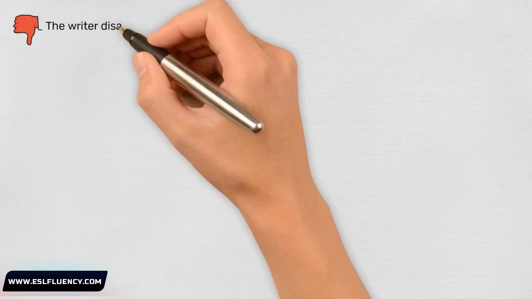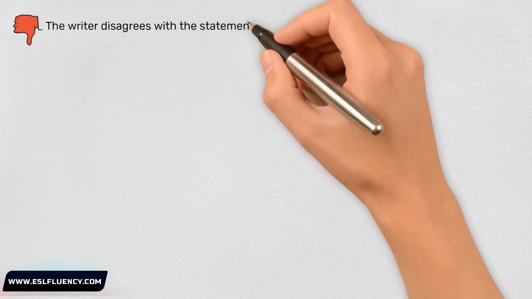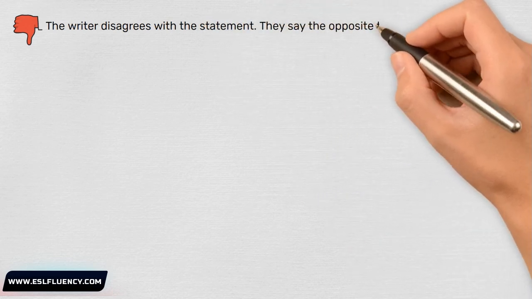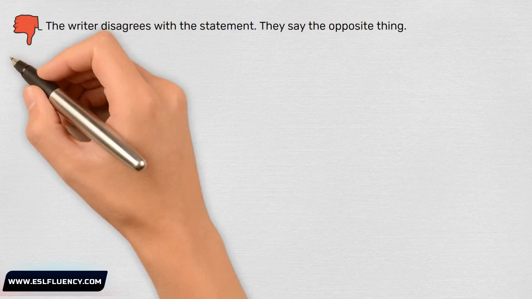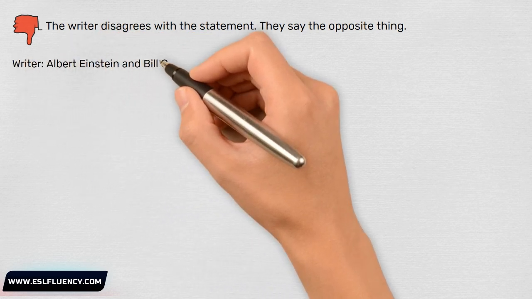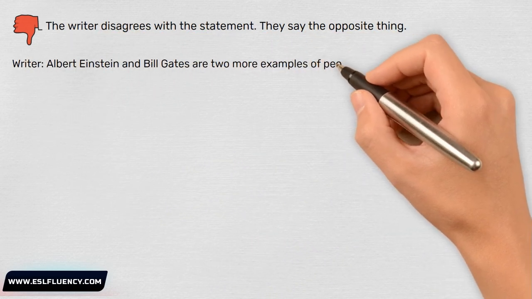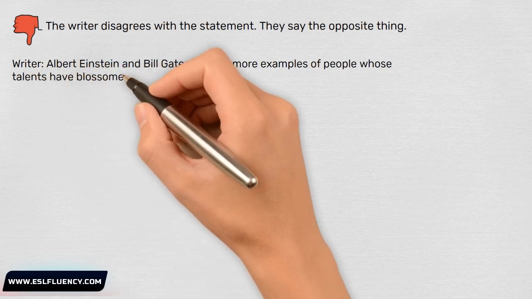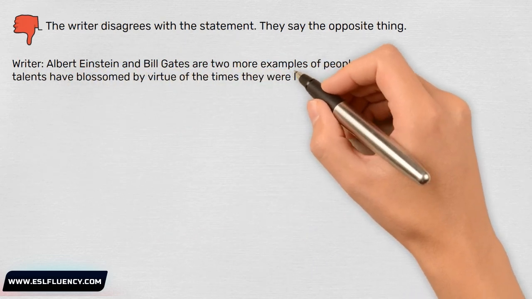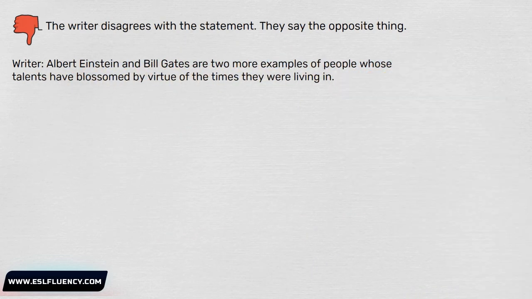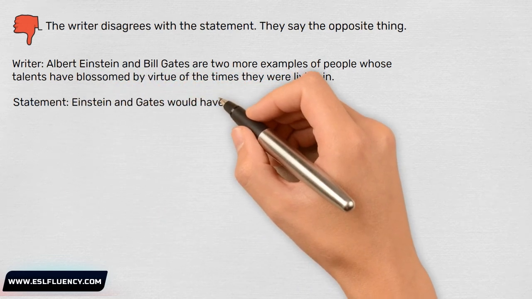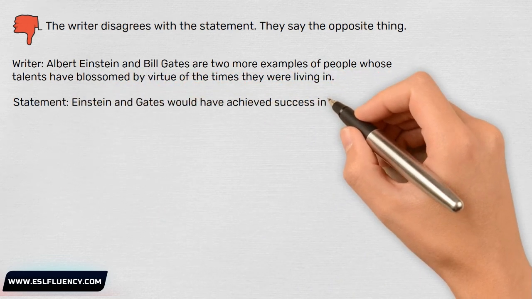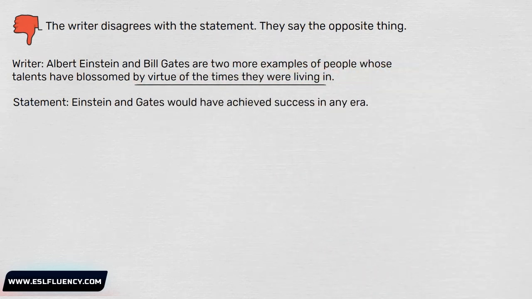When the answer is no, it means the writer disagrees with this statement. So basically, again, they say the opposite thing. Here's an example. Albert Einstein and Bill Gates are 2 more examples of people whose talents have blossomed by virtue of the times they were living in. Statement: Einstein and Gates would have achieved success in any era. Here the phrase by virtue of is the key word.